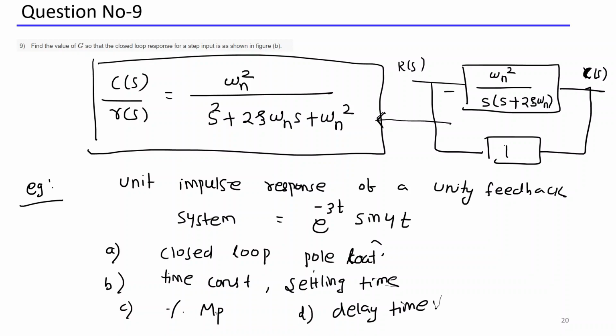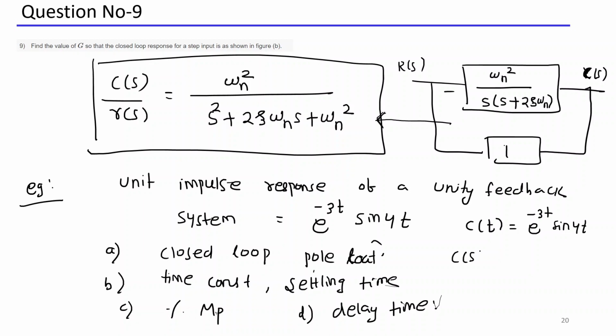How can you solve this question? Read the question: the unit impulse response of a unity feedback system is given, which means this is your C of t. The Laplace transformation of the impulse delta is 1. So C of t is e to the power minus 3t sine 4t.